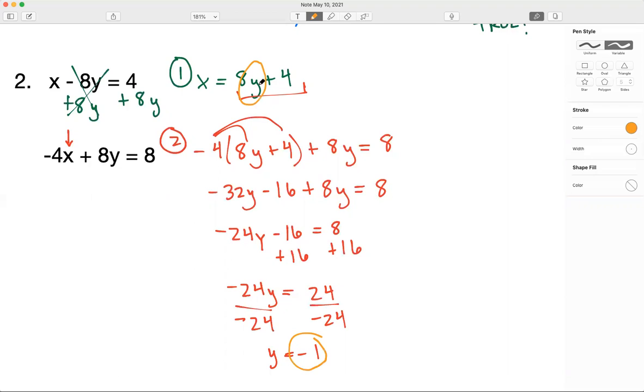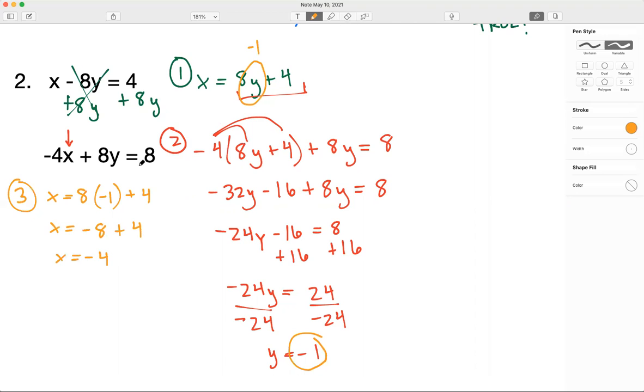Find out what x would be, right? So let's do that over here, step 3. x equals 8 times the negative 1, which is y, right? Negative 1 plus the 4, x equals negative 8 plus 4, x equals negative 4.